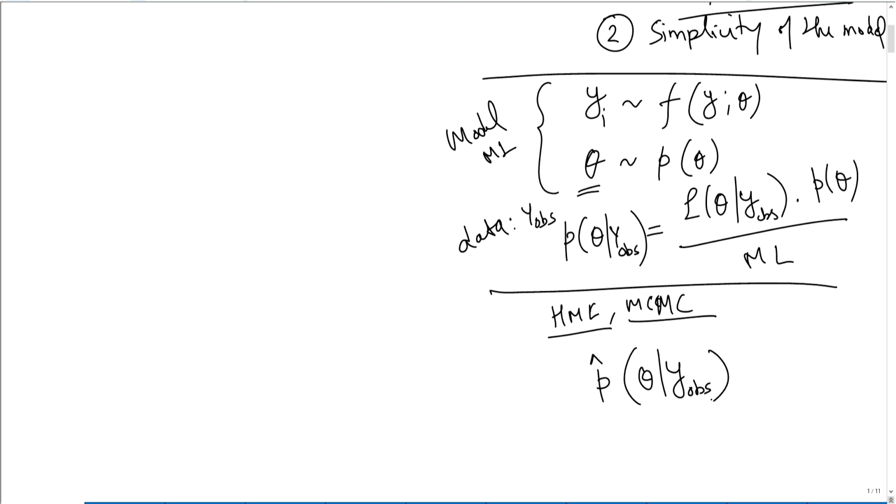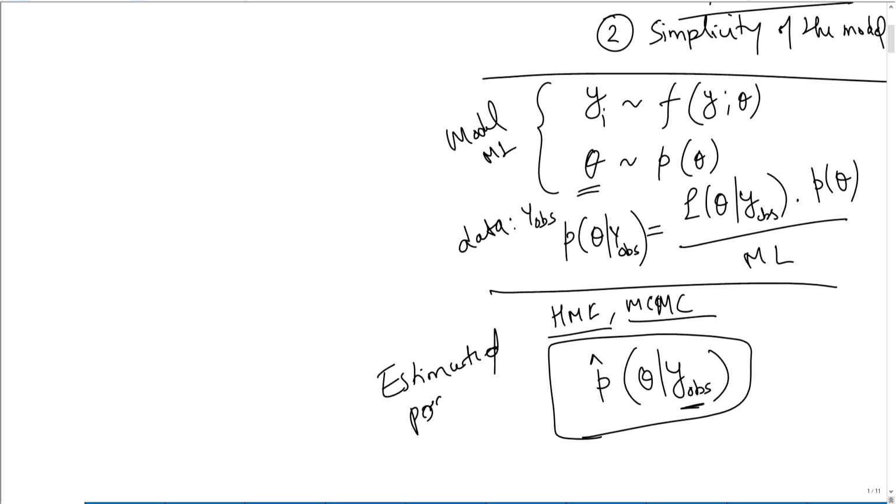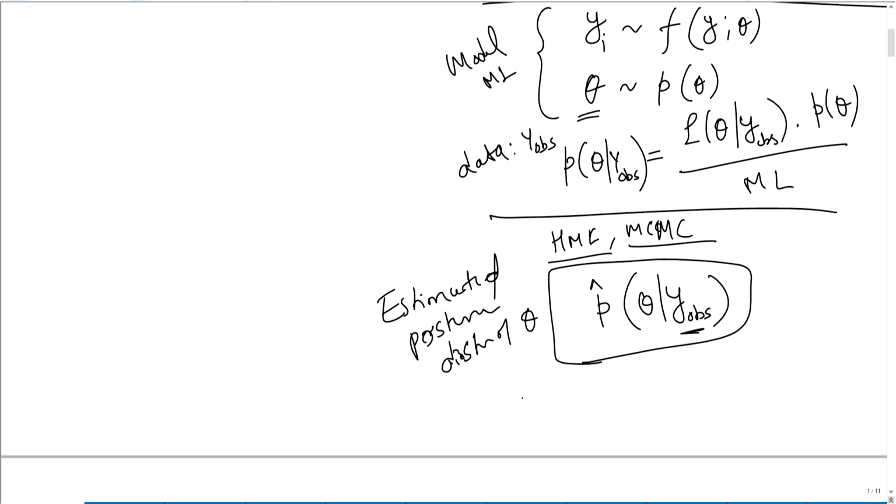This is an estimate of the parameter theta. This is not the true value of the parameter theta. This is estimated based on this data y obs. So, I always write estimated distributions or estimated values using this hat symbol. I will call it the estimated posterior distribution of theta. So, after observing this data y obs, this is what I have estimated.